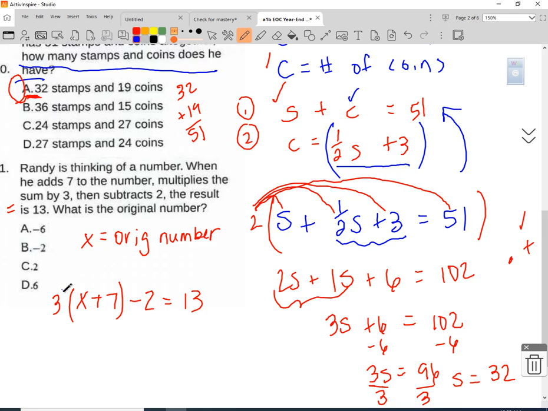And now let's distribute. And combine our like terms.